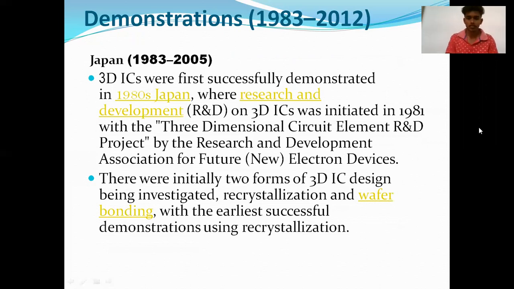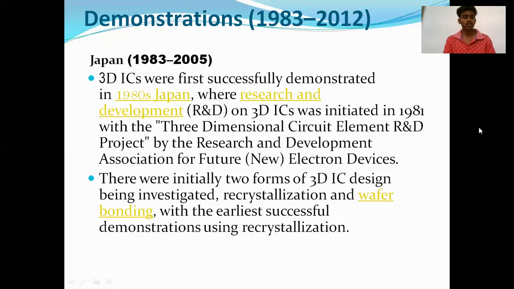Monolithic 3D integration was demonstrated between 1983 and 2005. These 3D ICs were first successfully demonstrated in 1980 by Japan, where research and development of 3D ICs was initiated in 1981 with the three-dimensional circuit elements R&D project, run by the Research and Development Association for Future New Electron Devices.